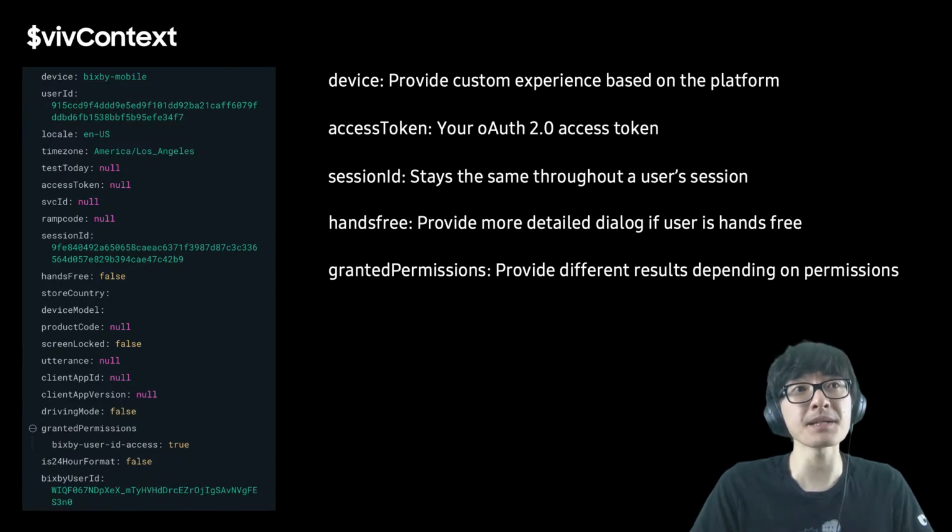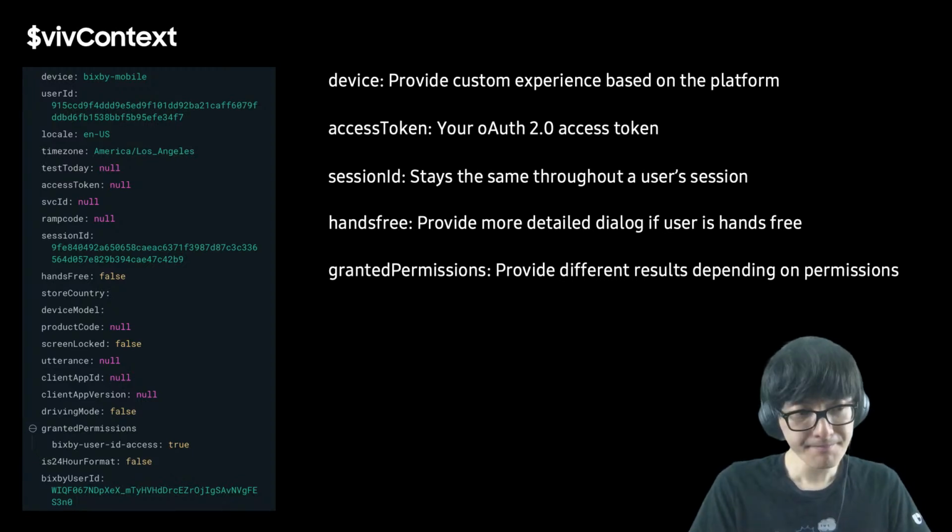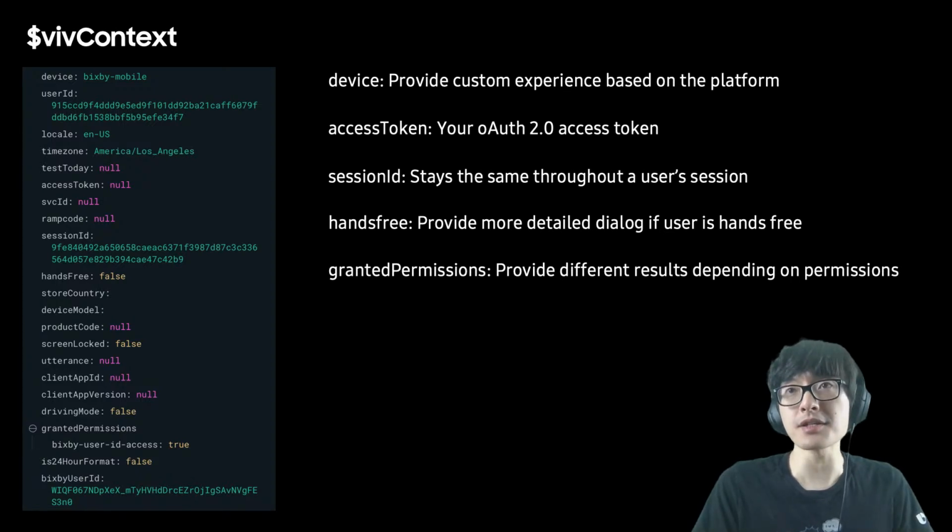So having the granted permissions and checking to see, let's say the user didn't provide their location access, well, you can do a general API call. Like let's say you're looking for restaurants near the user, like show me some restaurants in your capsule. Well, without their location, you wouldn't be able to find a good match for them. So you could say something like, well, here's some restaurants in the US, but we need your location to provide a better result. So this is just one way that you can use granted permissions and account for the lack of permissions.